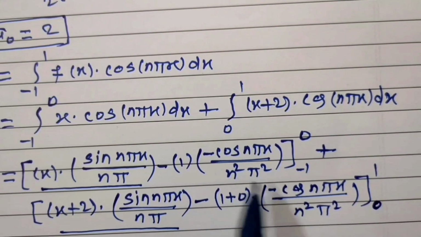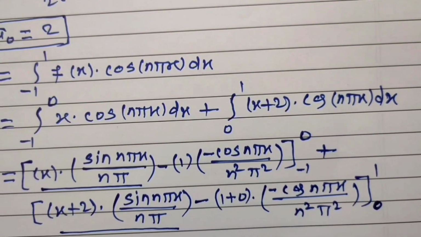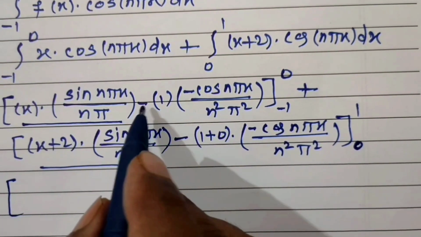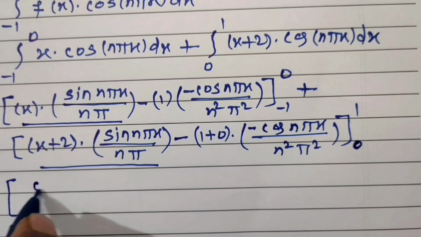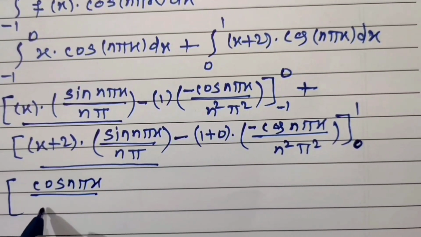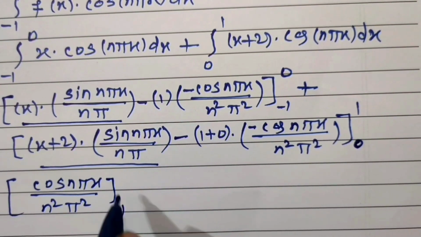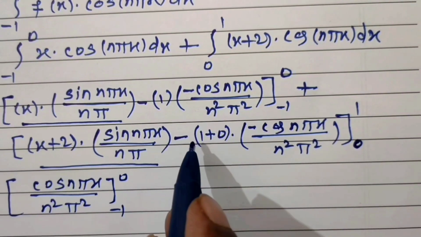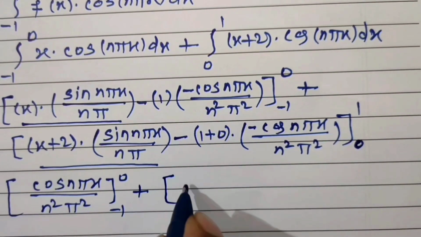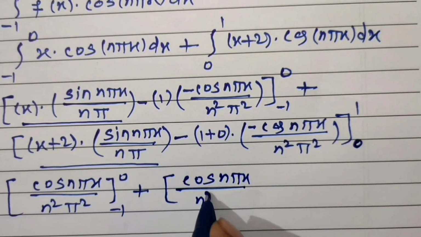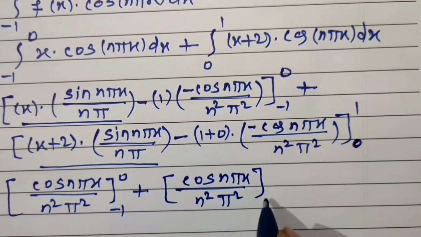Considering only the remaining terms, substitute the limits. So we can write an is equal to minus plus cos n pi x divided by n square pi square, limits from -1 to 0, and then here minus plus again cos n pi x divided by n square pi square, limits from 0 to 1.